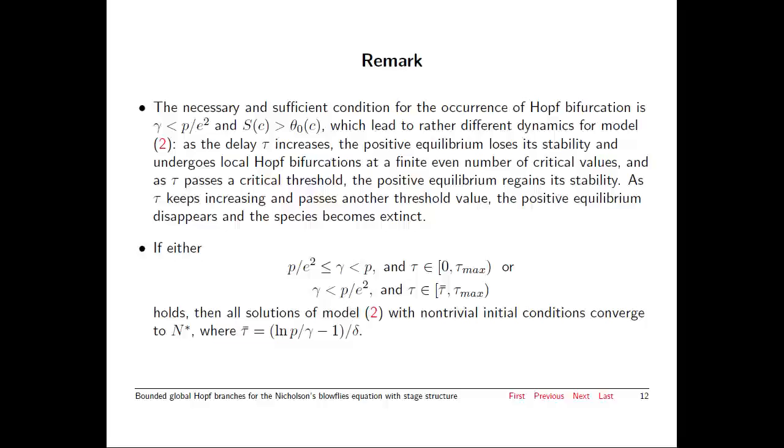One method is using the Lyapunov-LaSalle invariance principle and constructing a suitable Lyapunov function, and we can obtain the global stability of N star. And we can also use the method of monotone dynamical system theory, and we can construct a series of upper solutions and a series of lower solutions, and we can also prove the global stability of N star in these two cases.